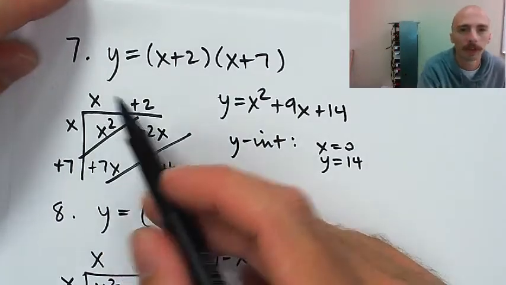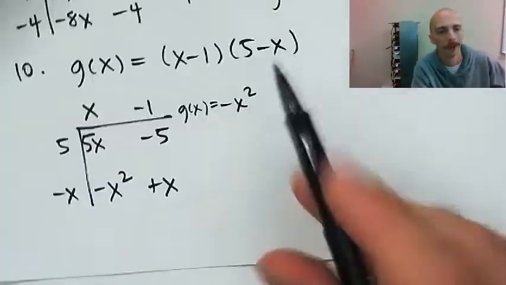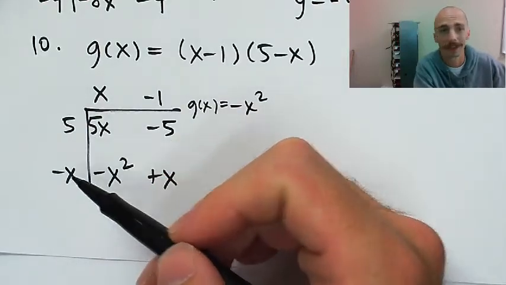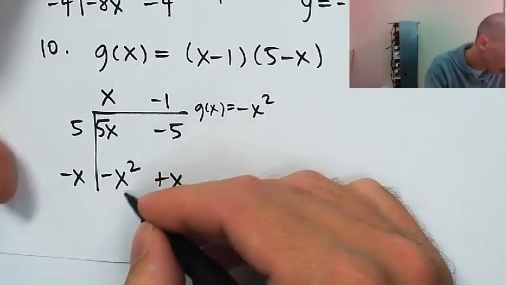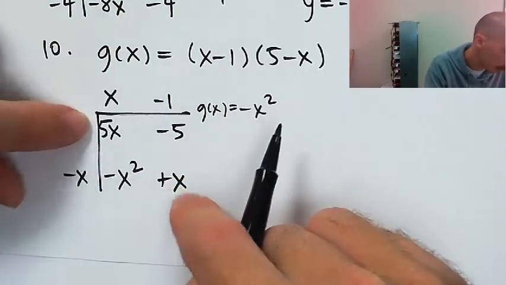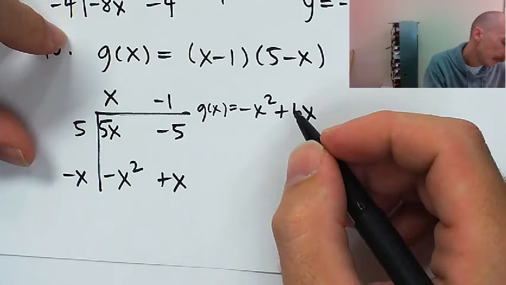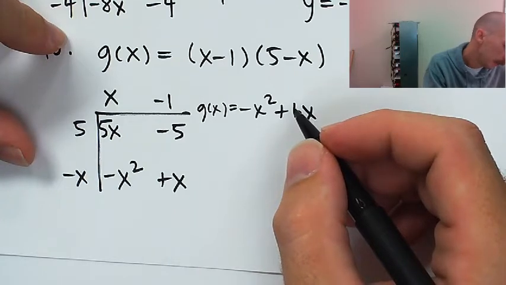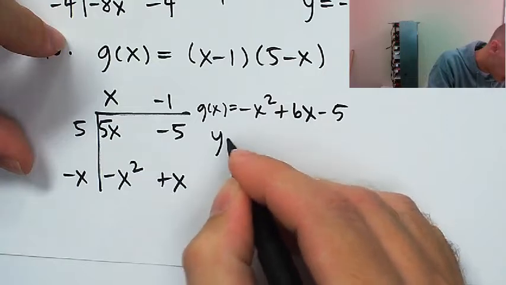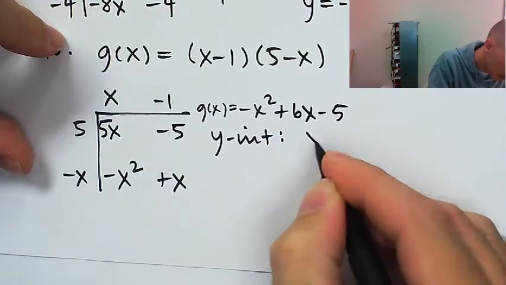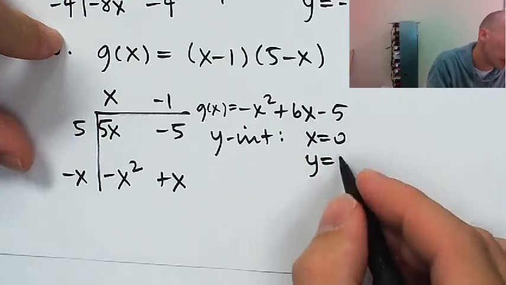That's only if you have descending powers of x, where the first power over here, no power over here. That kind of ruined that, but that's not a big deal. There's only 4 things to look at here. So I know that my x terms are going to come from here: 5x and 1x is going to be plus 6x. And the constant is negative 5. So the y-intercept will be x equals 0, and y is going to equal g of 0, which would be negative 5.